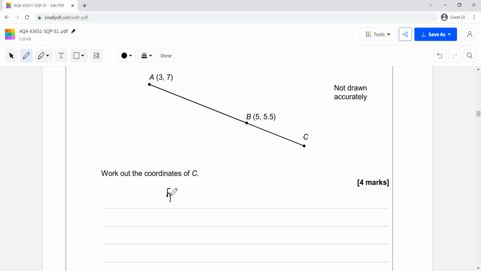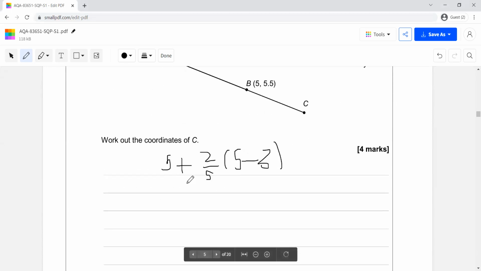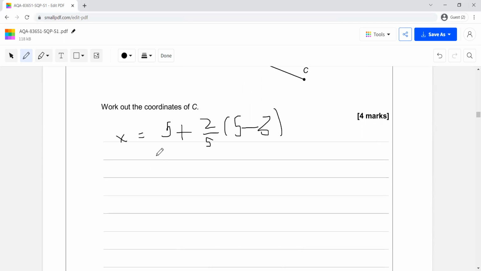The x coordinate is 5 plus 2/5 of 5 minus 3. 5 minus 3 is equal to 2. And 2/5 of 2 is 4/5, which is 0.8. So x is 5.8.